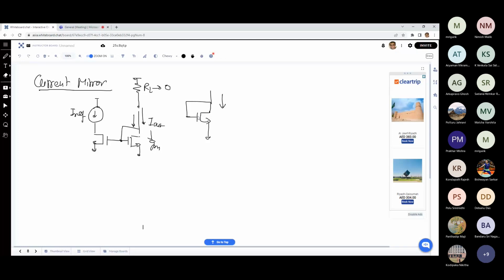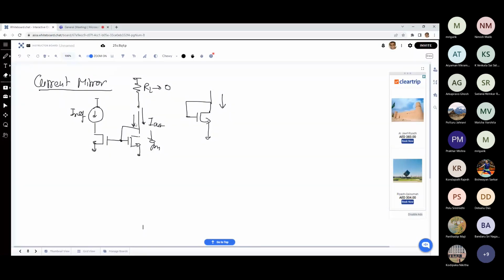Ultimately, in this case, the current in the branch over here will be determined by RL, because here you have the VGS, and the gate and drain are shorted anyway. This is in saturation, and the VGS is going to be determined by whatever current is flowing from here.